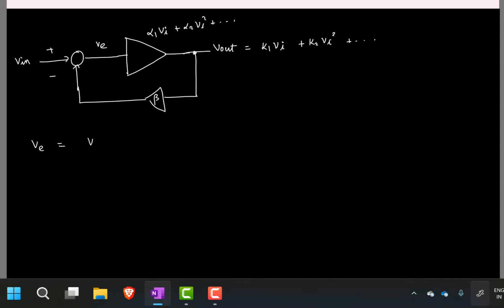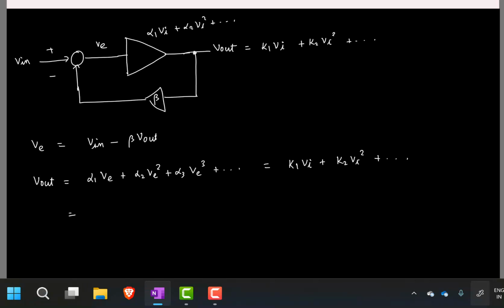VE is V in minus beta V out. And what is my output in terms of the error signal? Alpha 1 VE plus alpha 2 VE square plus alpha 3 VE cube plus so on. And I also know that the output is equal to K1 Vi plus and so on.